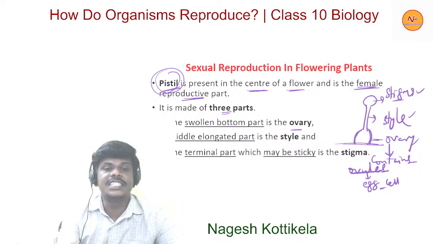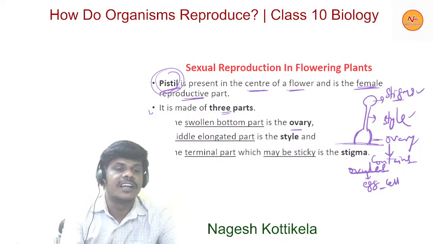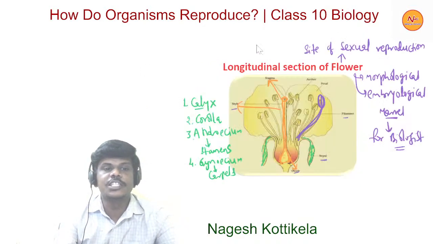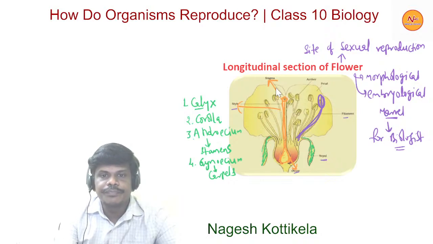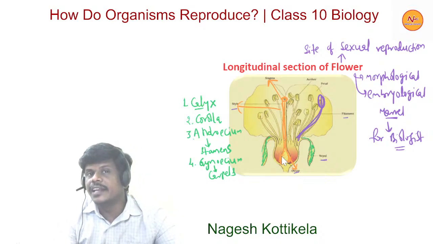Okay, so these are the three parts in the pistil, which is the female reproductive part in a flower. You can see in this picture, this is the stigma, this is the elongated style, and the swollen bottom is the ovary. Inside the ovary, ovules are present, inside which the egg cell is present.